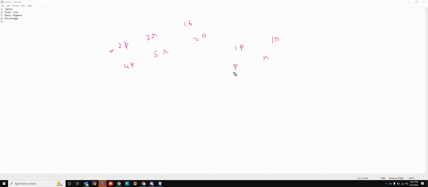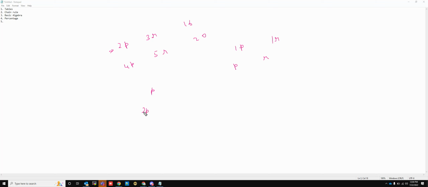Now try to frame equations with the given data. Whatever data I have given, try to frame the equations. So price of one pencil is P rupees. What will be the price of two pencil, Sharmi? Price of one pencil is P. Price of two pencil will be 2P.